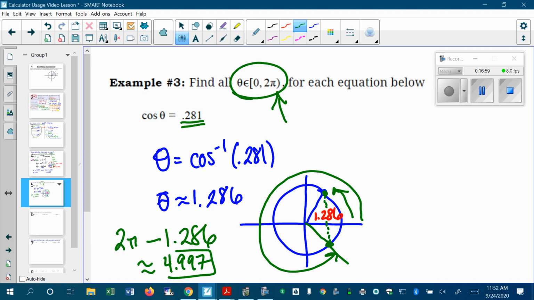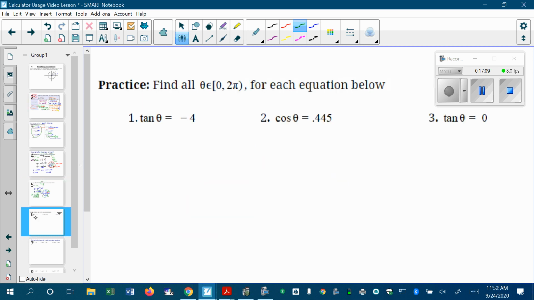So these two values of theta are in between 0 and 6.28, and they give a cosine value as listed. The next three are for you to try. When you come back, I will have answers, and you will too.